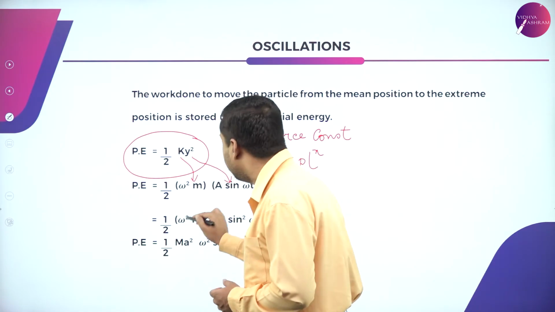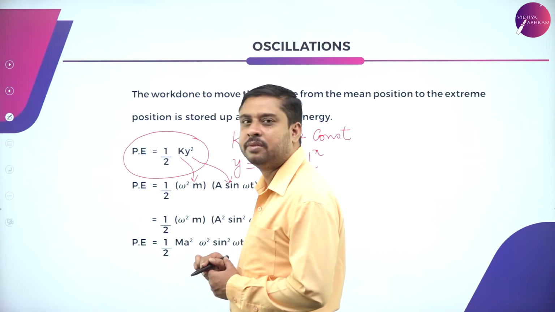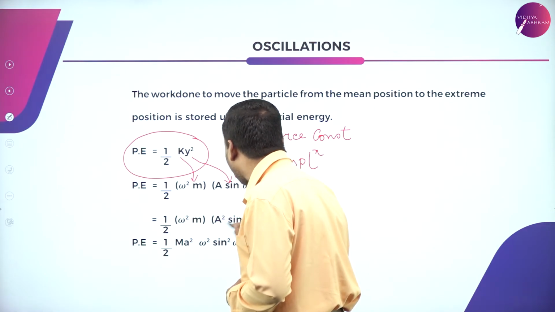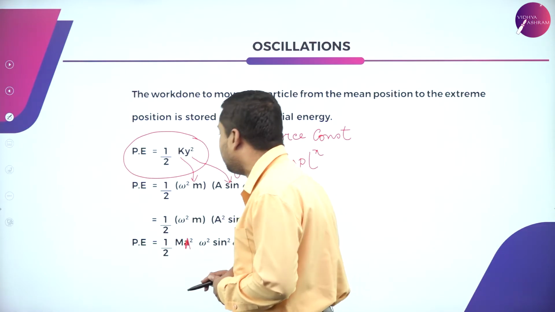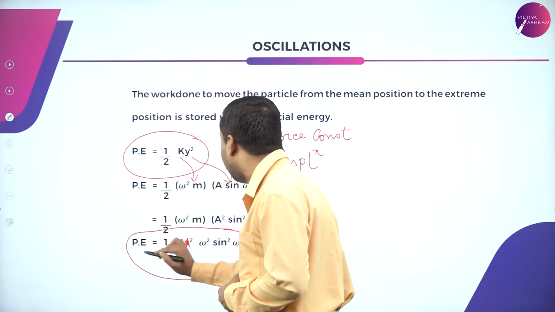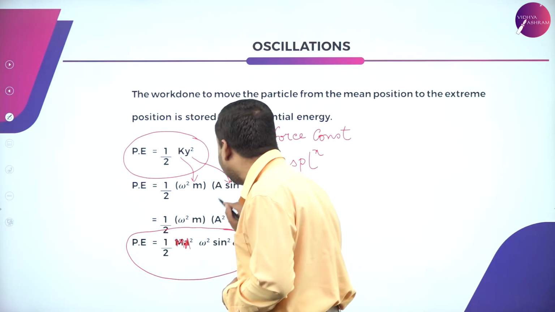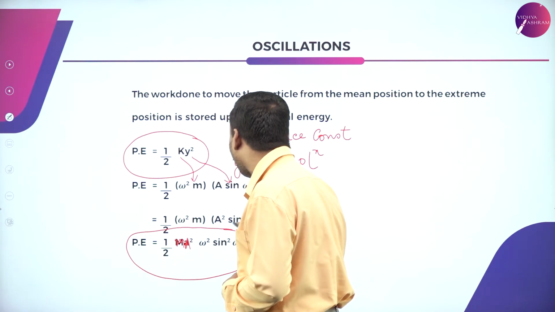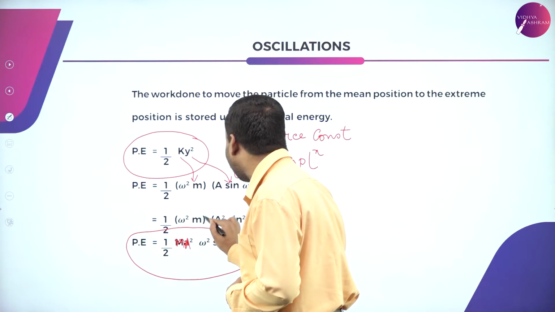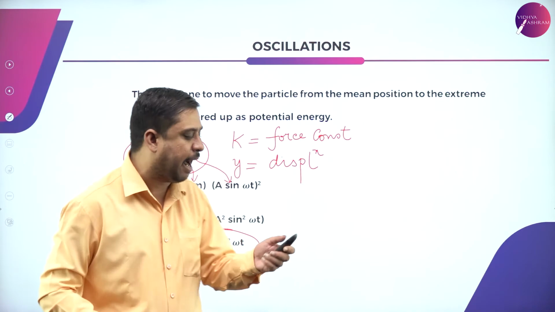So again half omega square m, a square sin square omega t. Therefore the potential energy is half m omega square a square sin square omega t.